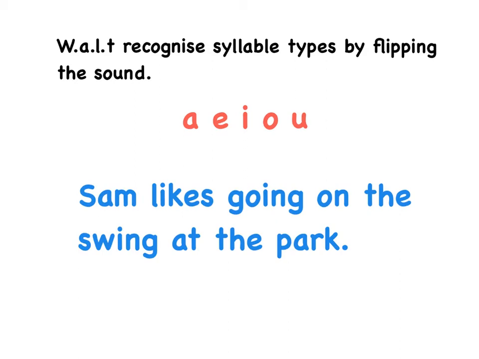Let's flip it over and try it with the short I. Sam likes going on the swing. Oh, Sam likes going on the swing at the park. That sounds better. So I've flipped it from the long I to the short I. Swing.